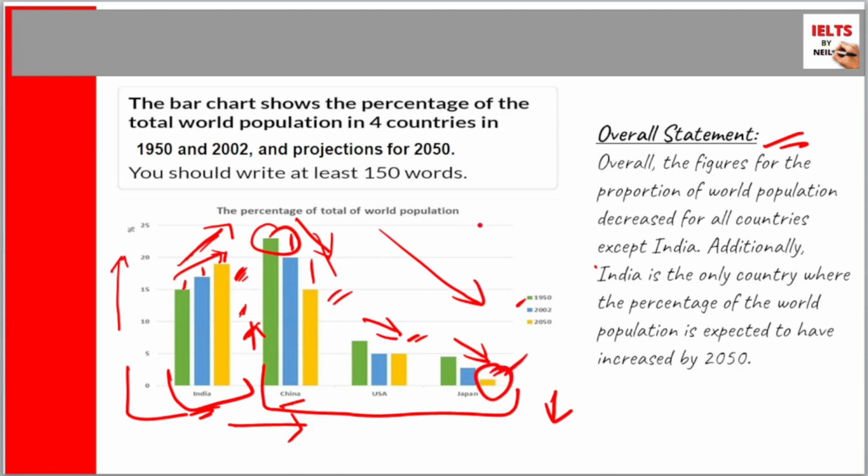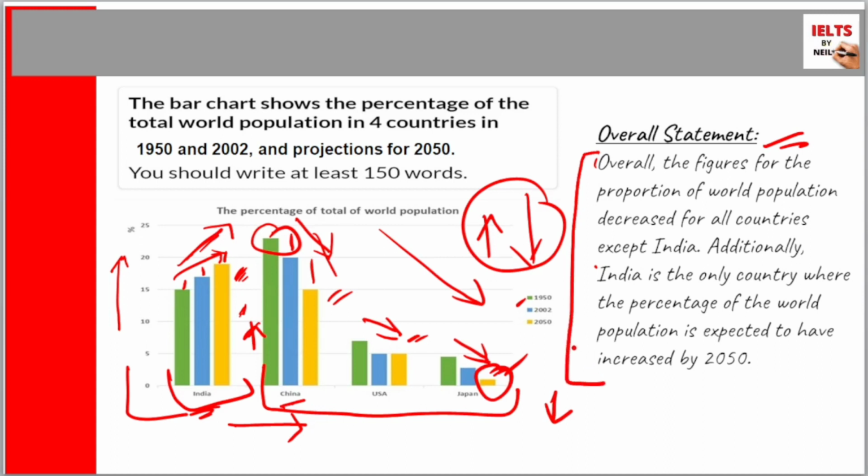You can write the highest and the lowest also, but it's better to write the trends, like increasing or decreasing. If you do a little bit of detailed study of this bar graph, it's really easy to find the trends. And always remember, in the overall statement, you should write at least 2 sentences, not just one.